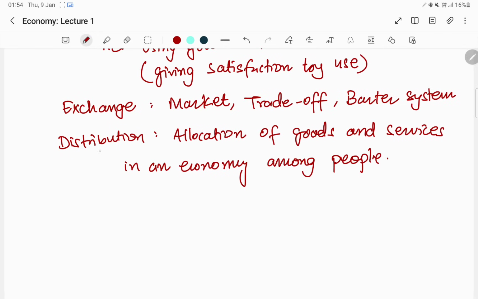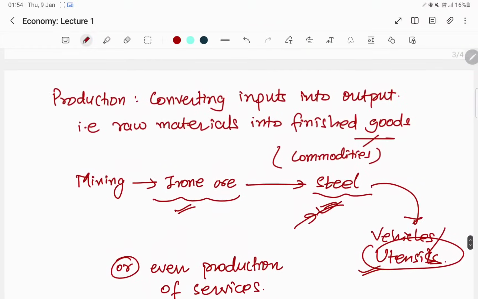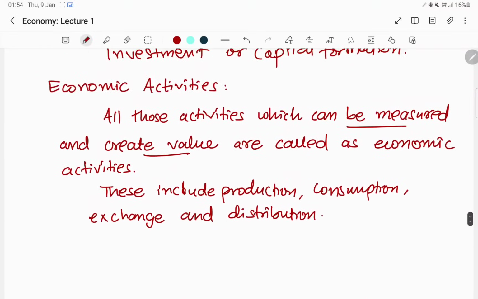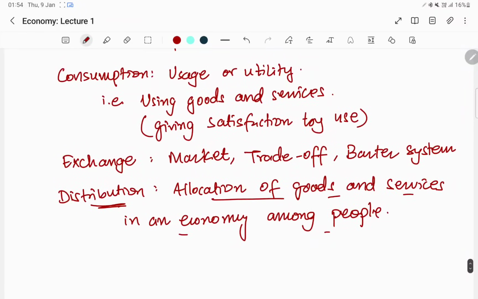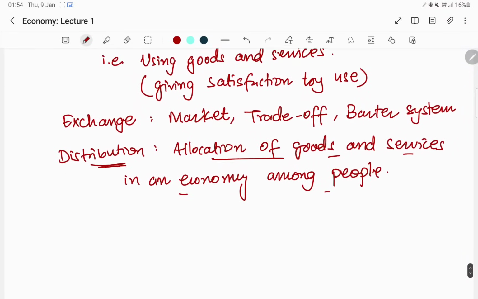So you are allocating the goods and services among people. That is called distribution, right? Now, since we have understood the economic activities: production, consumption, exchange, distribution, right?